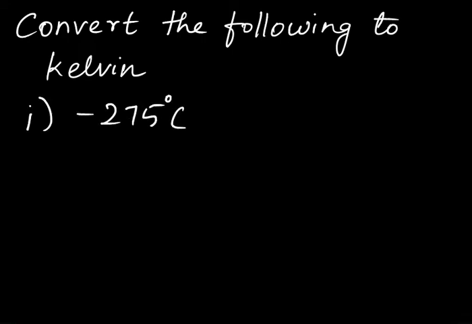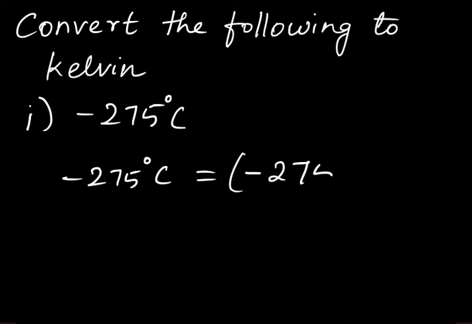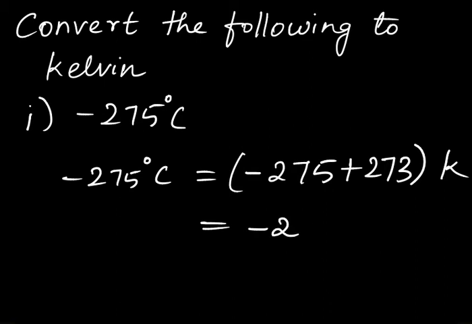If you want to convert degrees Celsius to Kelvin, just add 273 to the number. For the first one, minus 275 degrees Celsius is equal to, write the value which they have given you, and to that add 273. When you add these two, you will get minus 2 Kelvin.